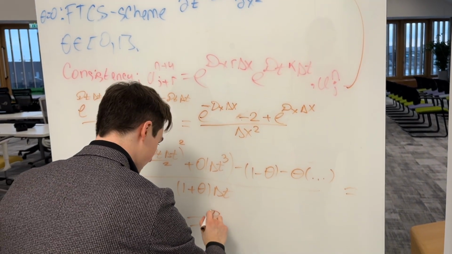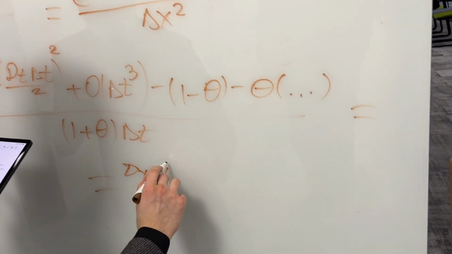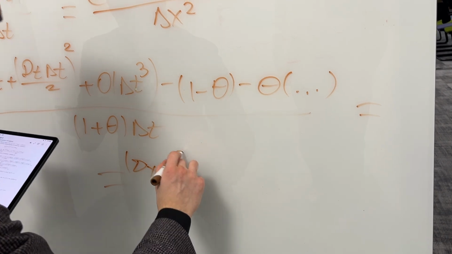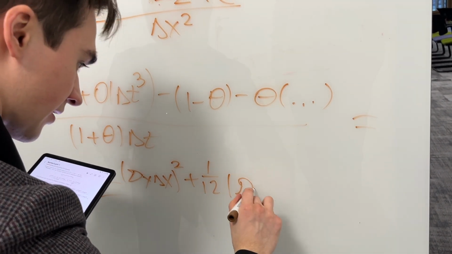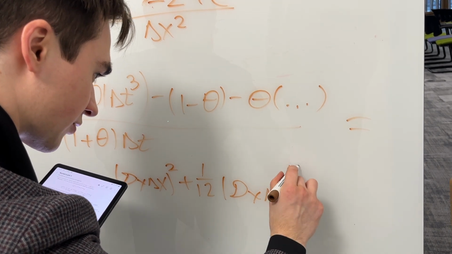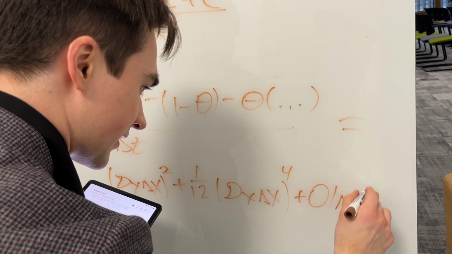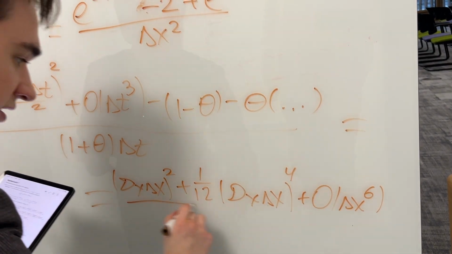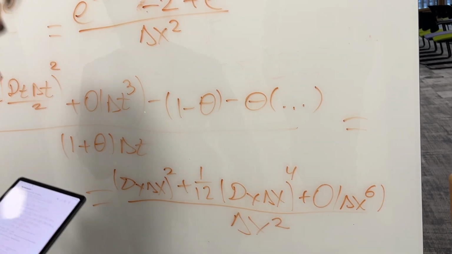So that's why here will be D_x squared over delta x squared plus 1 over 12 D_x to the fourth delta x to the fourth, plus O big of delta x to the sixth power, divided by delta x squared.